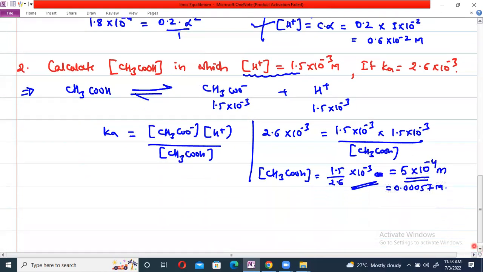So this is the answer we are getting, the concentration of acetic acid. These are the two applications we did here, right? Based on the Ostwald law.